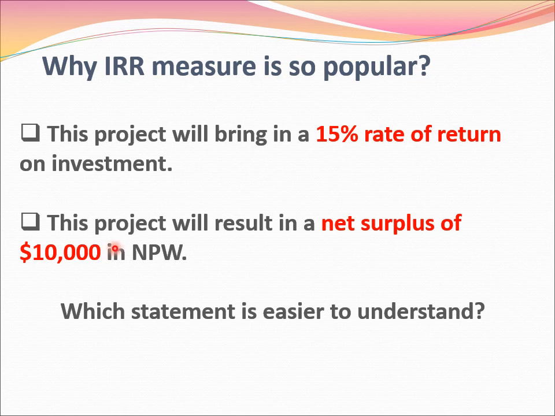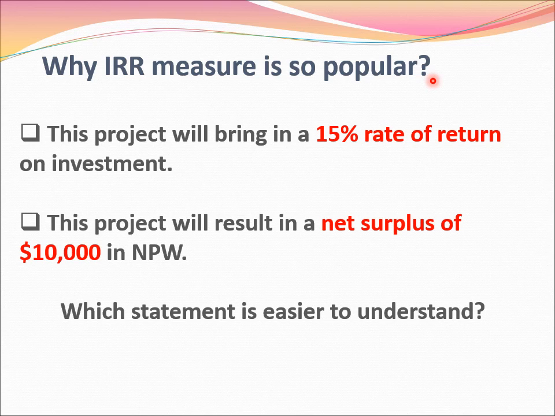In the second one, it doesn't mention anything about how much you are going to invest in the alternative. Is it $100? The net present worth will be 10,000 if you invest $1,000 or $1 million or $1 billion. You don't know anything about it. So if you are earning $10,000 as a result of investing $1 billion, then maybe it's not a good one.